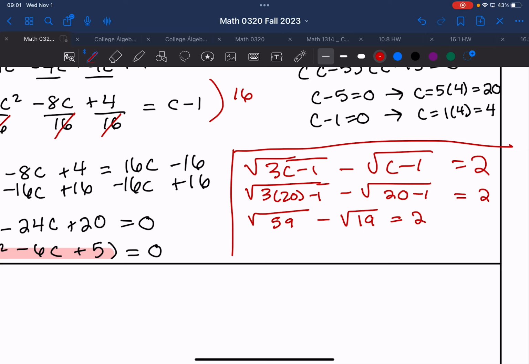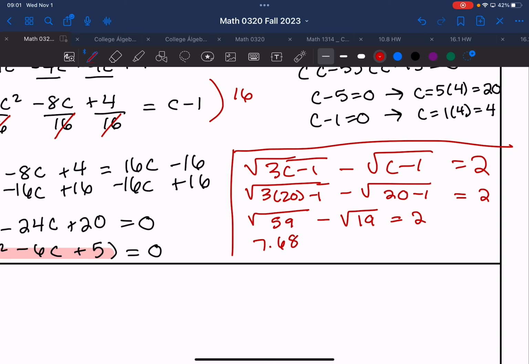These right away tell me that they're not perfect squares, correct? So that means we are going to get decimal answers. So in our calculator, I am going to do the square root of 59, which is like 7.68.